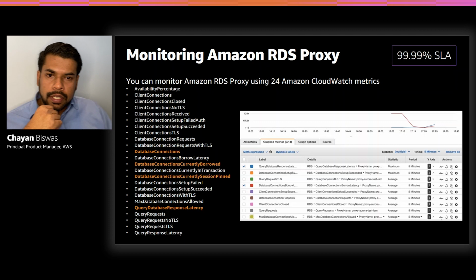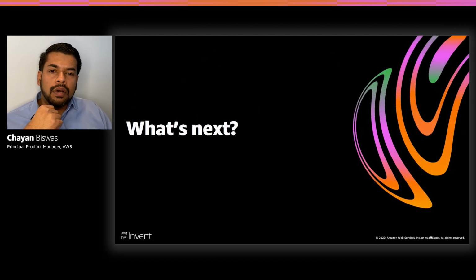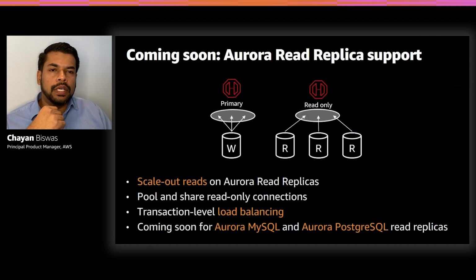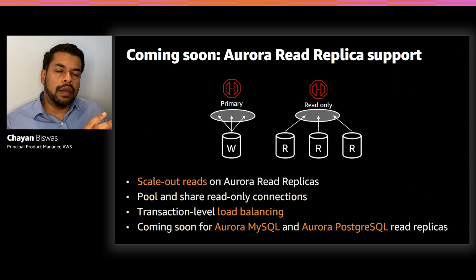So what's next? In terms of new features, I'm excited to bring to you this announcement that Aurora read replicas will soon be supported on RDS Proxy. RDS Proxy is fully aware of your Aurora cluster, but today it routes the traffic only to the primary instance.